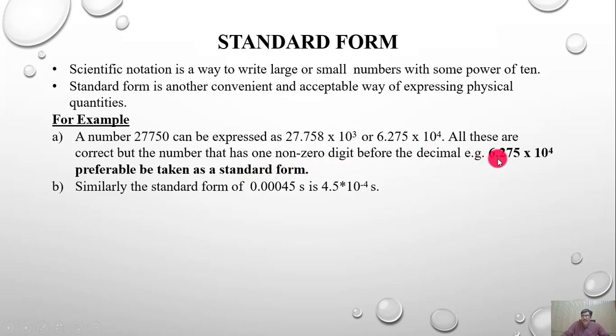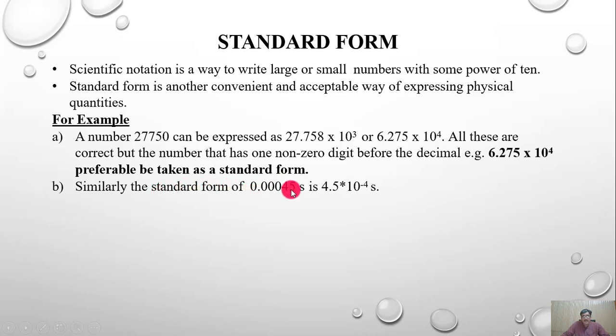Which means that before the decimal, we must have one non-zero digit. Then it will be a more preferable standard form.